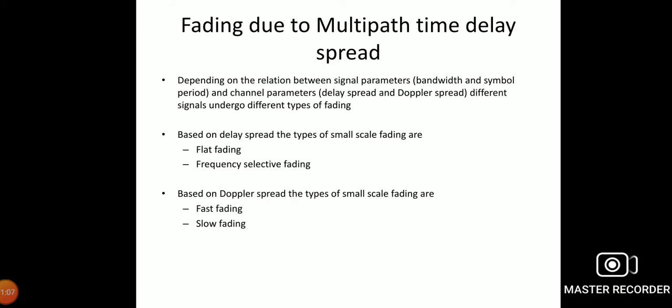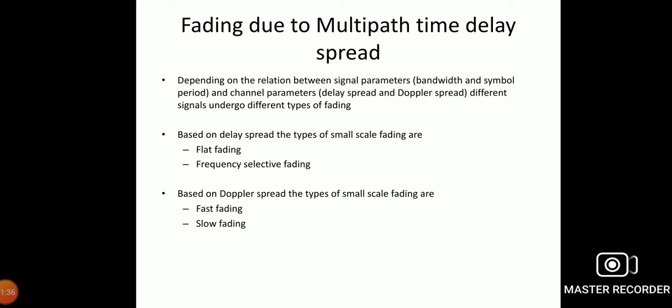There are many types of fading. Number one is flat fading. Number two, frequency selective fading. Both are based on multipath time delay spread. And the second category, based on Doppler spread, is fast fading and also slow fading.